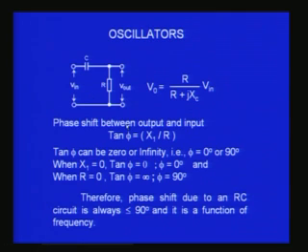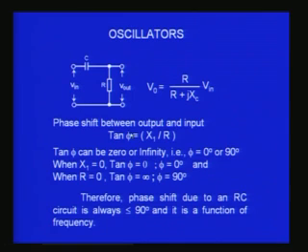And therefore, you see for a given frequency the X1 will be different. The capacitive reactance is a function of frequency. Therefore, depending upon the frequency, the reactance will change, and hence the phase difference should change.